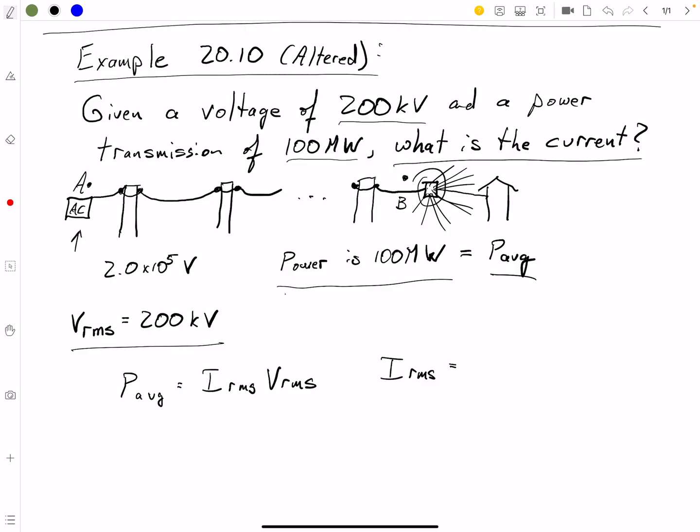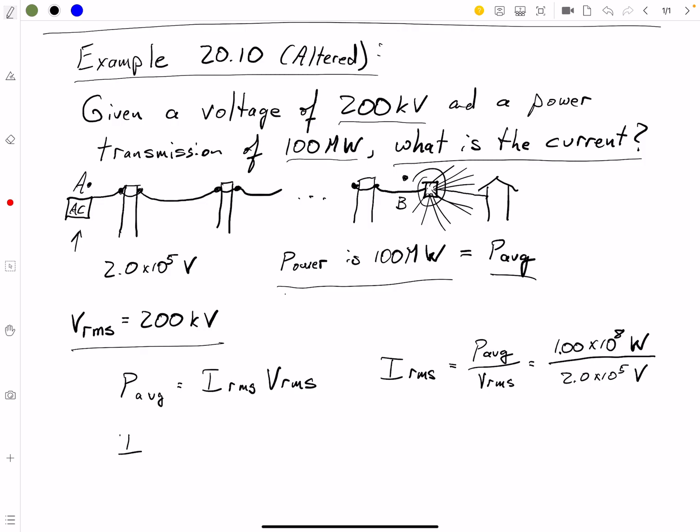We'll just take our average power and divide it by VRMS. So 100 megawatts, that's 1.0 times 10 to the 8 watts, and we're dividing by 2.0 times 10 to the 5 volts.